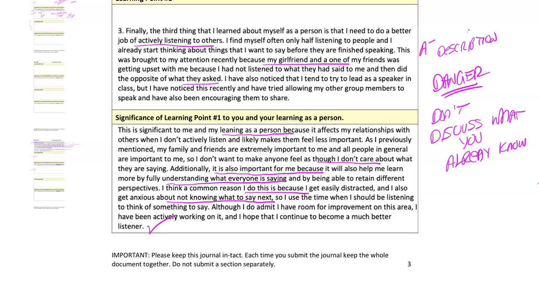So you have some key things here he talks about. He doesn't want people to think he doesn't care. That's one. He wants to learn, getting other perspectives, and that he gets distracted, right? He talks a little bit about being anxious, the anxiety of thinking about what to say next. This is a very common experience. And yet he really focuses in on what is going on. And so this part about getting easily distracted, that could have been part of this paragraph, but it's okay.